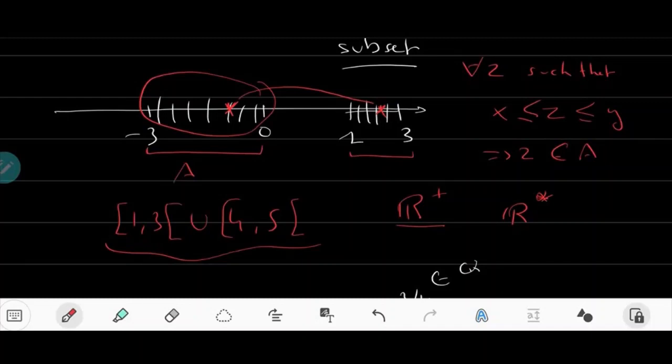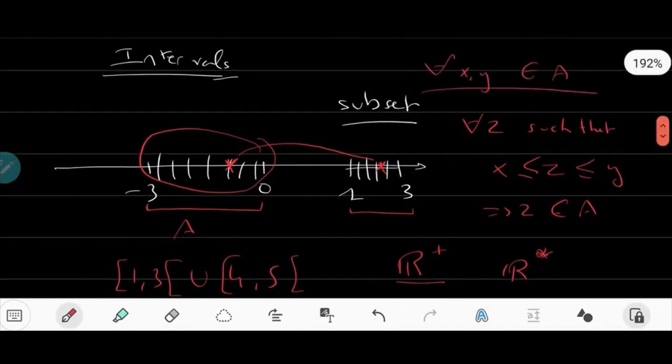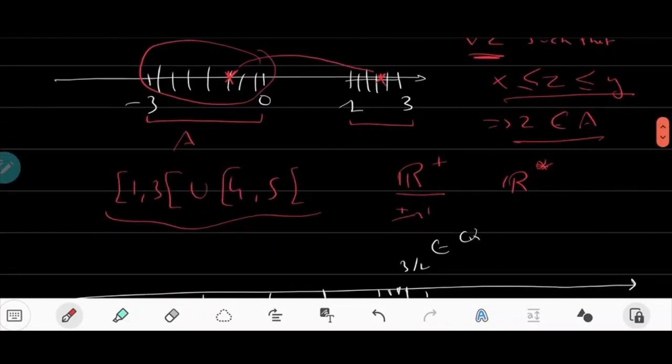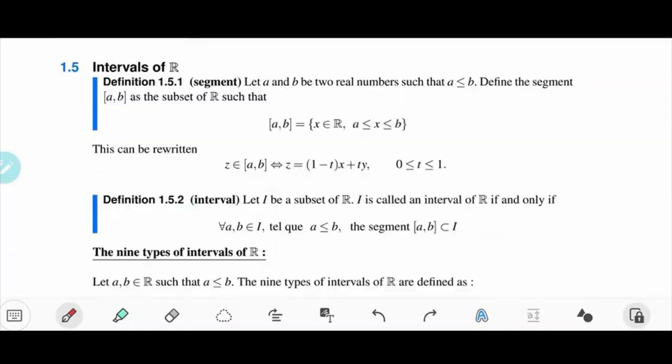So let me insist on the point that for all x, y that you choose in A, this should be true. Any two numbers you choose in the part A, any number between them should be in A. So R plus is an interval, but R star is not an interval. Okay, so this is the definition of an interval in R.